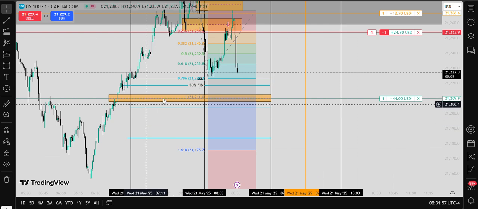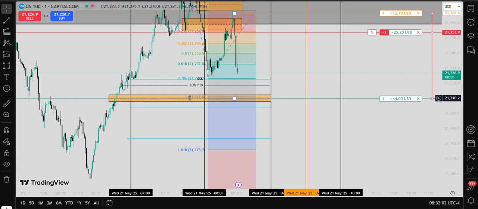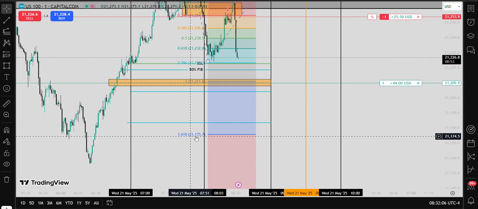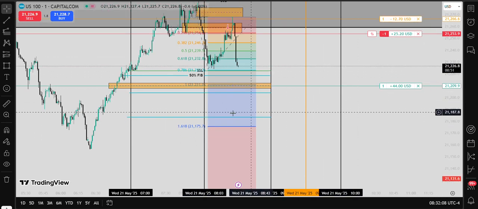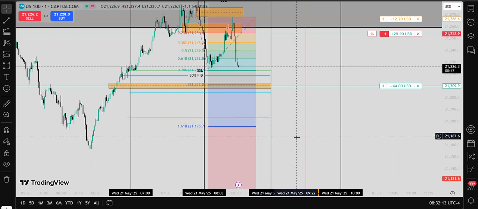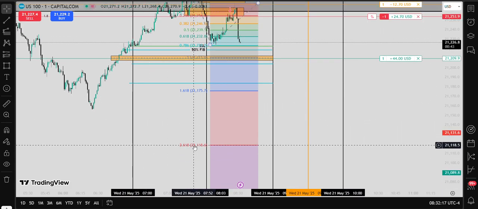That is, you can see here we have one standard deviation, then we have 1.6, this area. This is the farthest it can go. Other times, when the market is volatile, we can always reach this one.